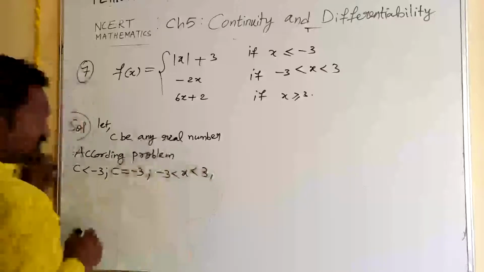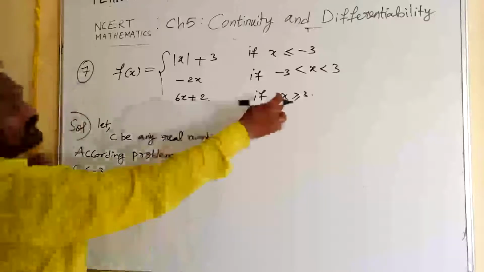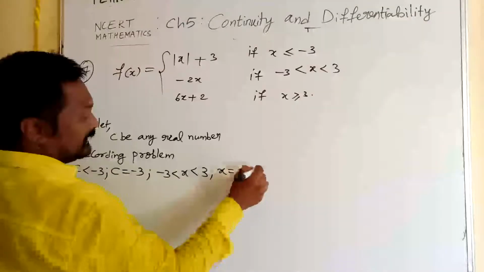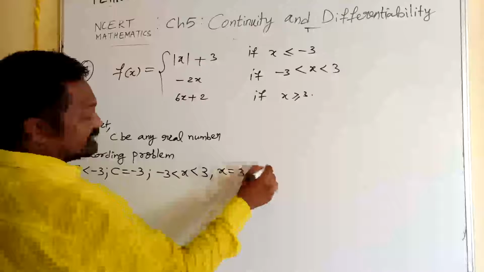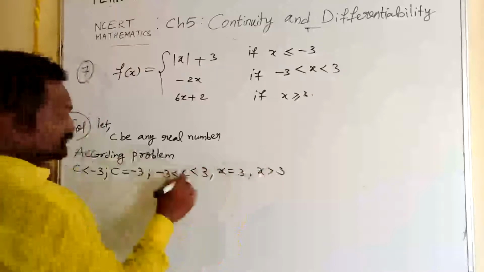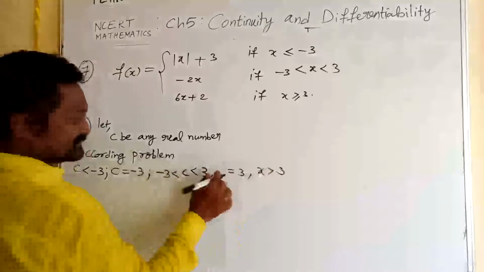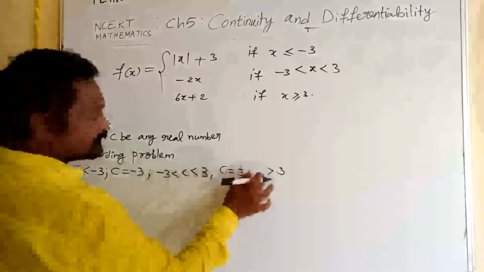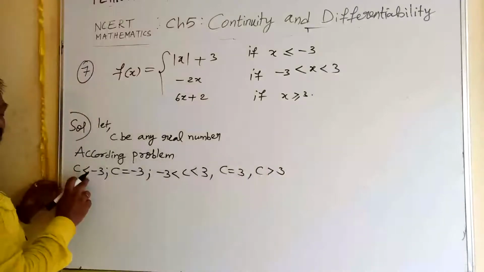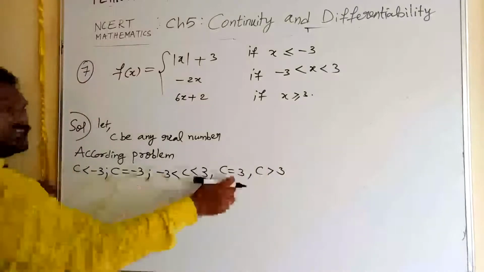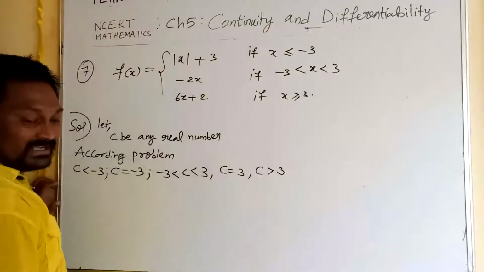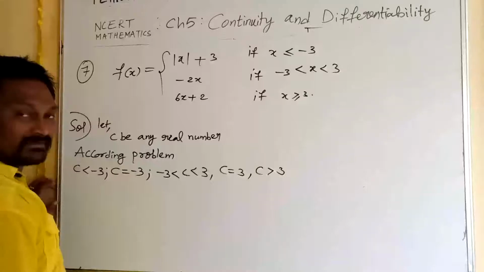After completion of this, then it is x is equal to 3, x is greater than 3. That means here not x, it is c, because we took c as the solution. So let me write it as c. Now how many conditions did we get? Case 1, case 2, case 3, case 4, case 5. So a total of 5 cases are there, and for each case we have to discuss the answer now.